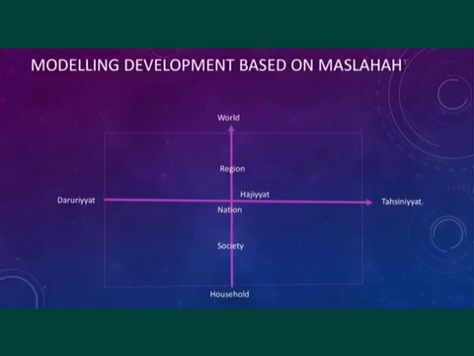Based on the two dimensions earlier, the natural initial point for progress to take place is indicated by X here, at a very basic level, the daruriyat level, and at an individual level. From here, an individual can continue the progress to develop himself or the society.